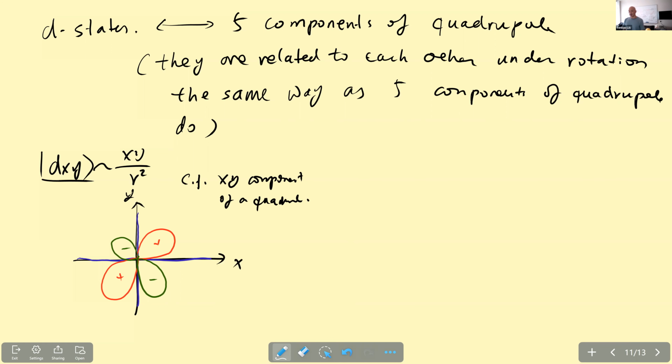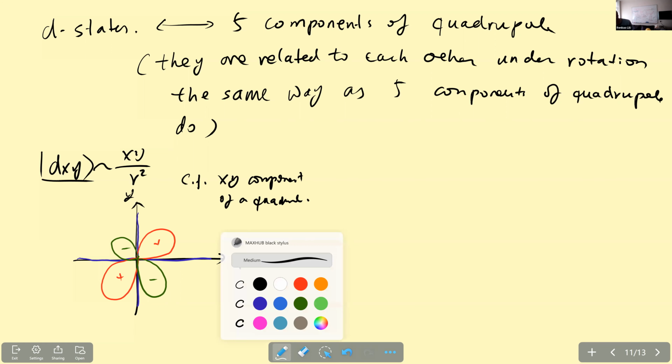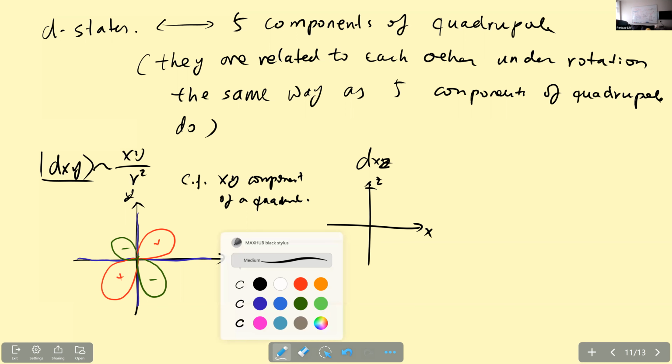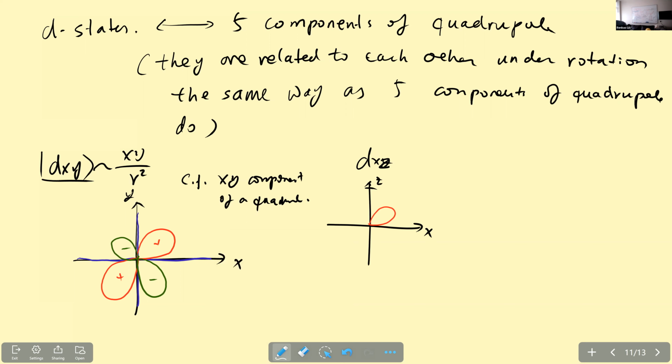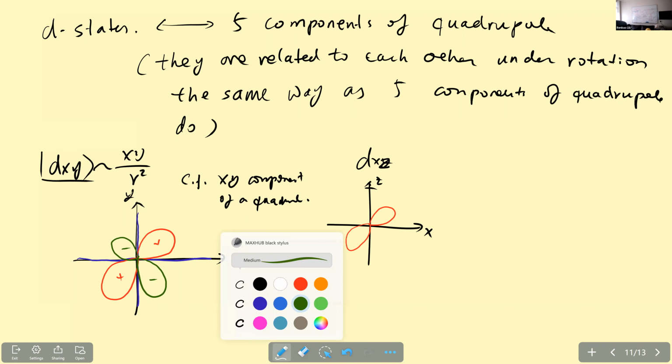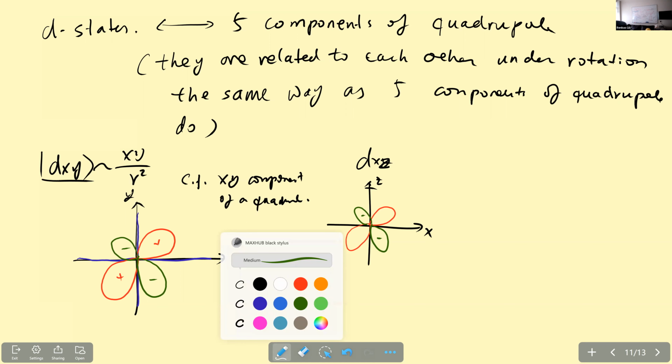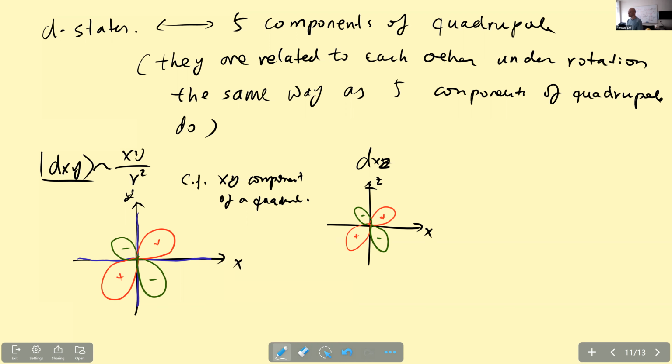And similarly, you can also have dxz, and the same thing, right? What you need to do is put x and z, and this one is positive, this one is negative, this one is negative, this one is negative, positive, positive, right? So that's the angular wave function of this one.